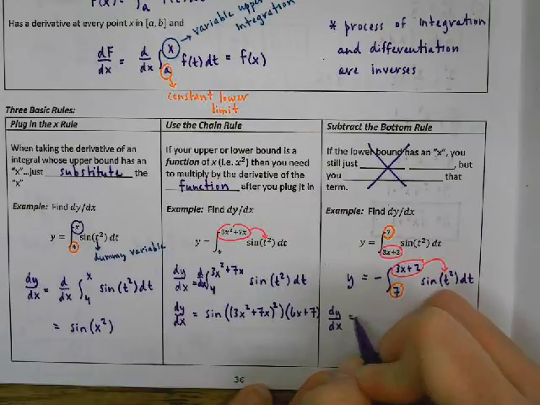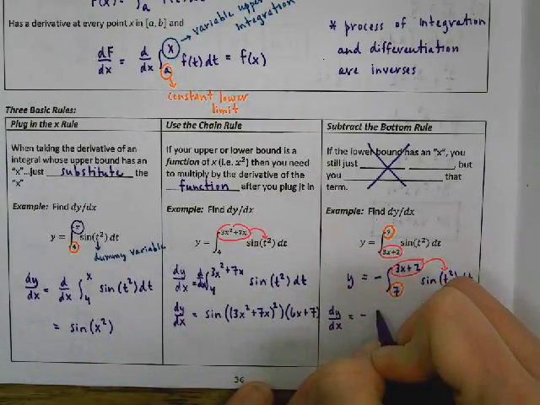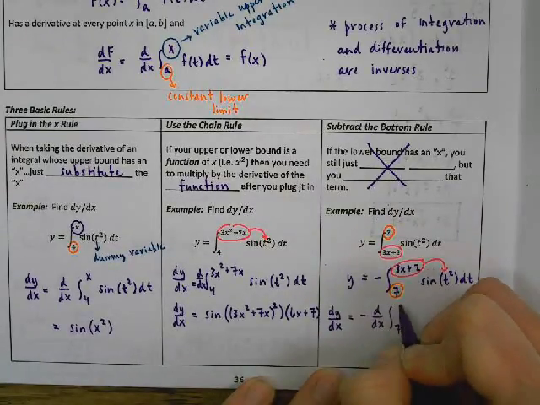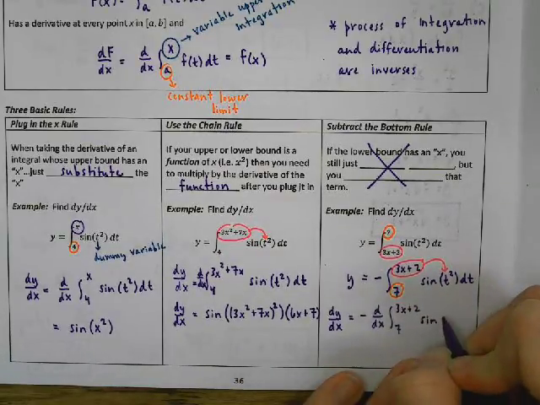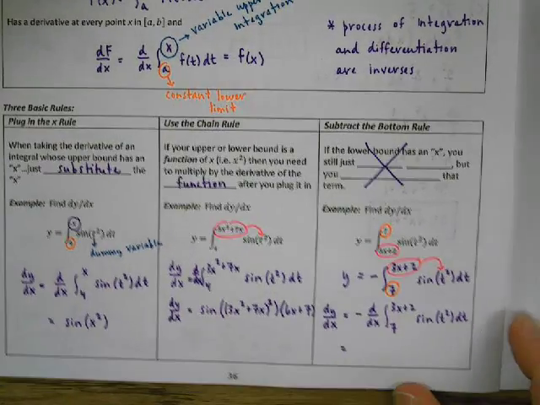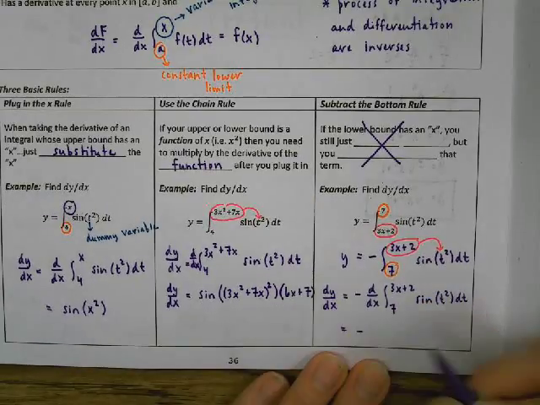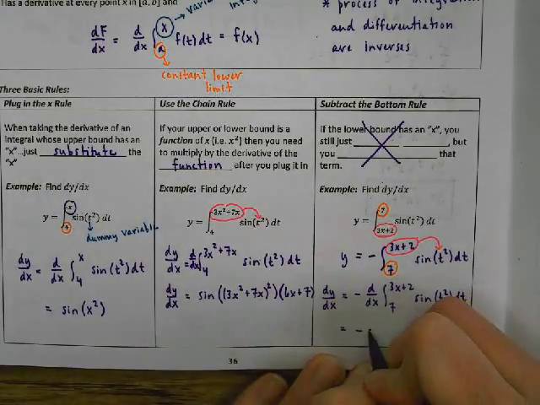So dy dx, again, is the opposite of the derivative with respect to x of the integral from 7 to 3x plus 2 of sine of t squared dt. So again, fundamental theorem says take my upper limit and replace the variable.